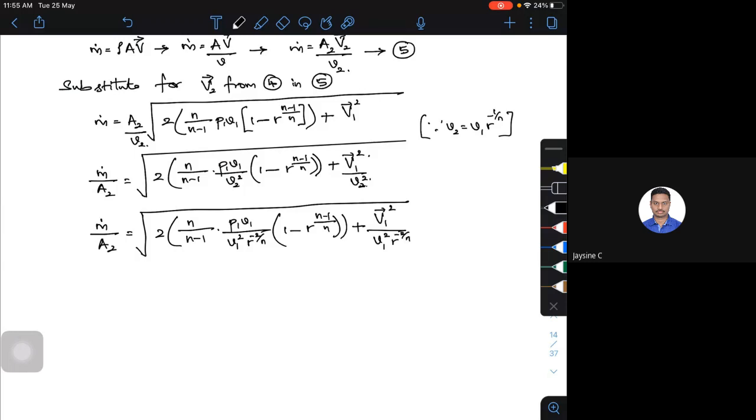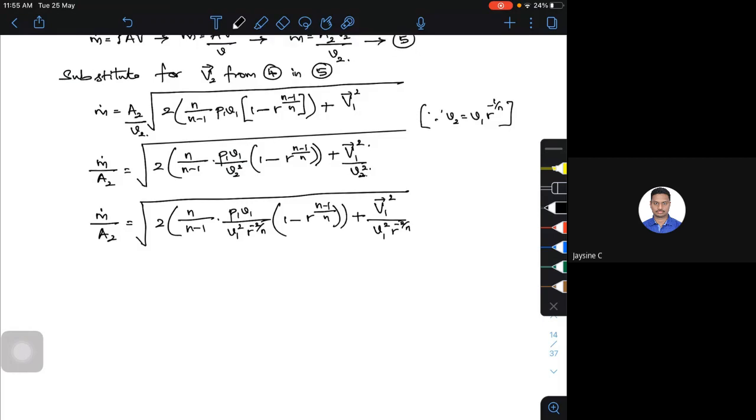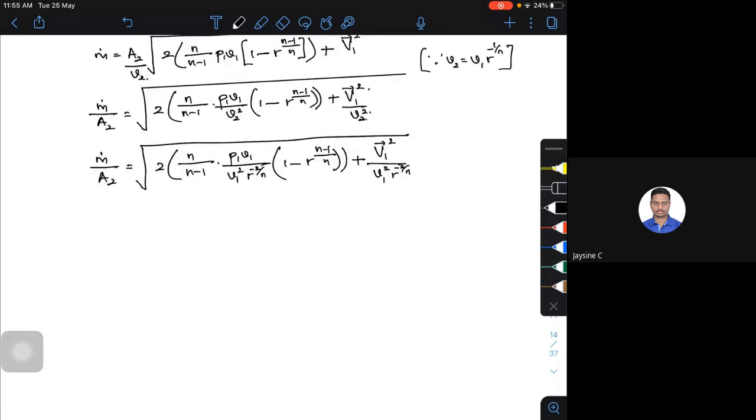This is how I can substitute it. Then further simplification I can do. One of the v1 will go off.